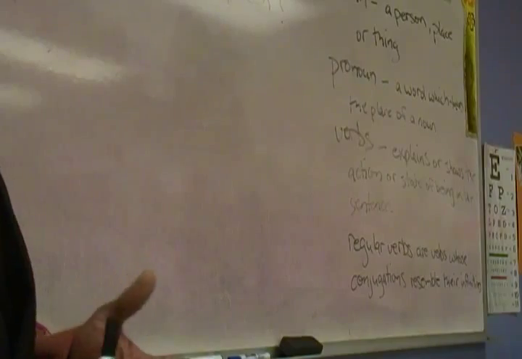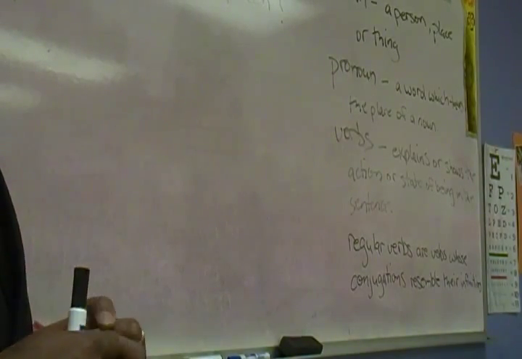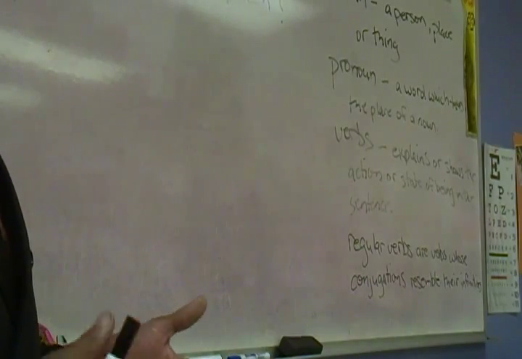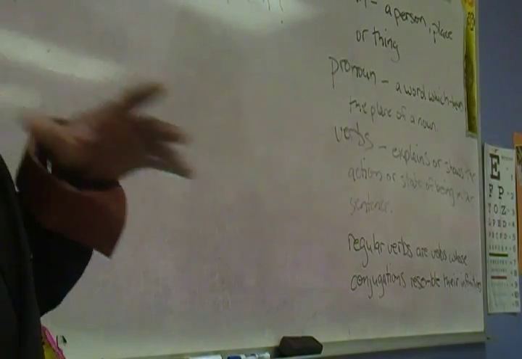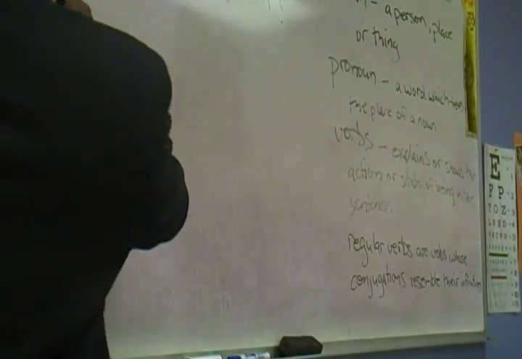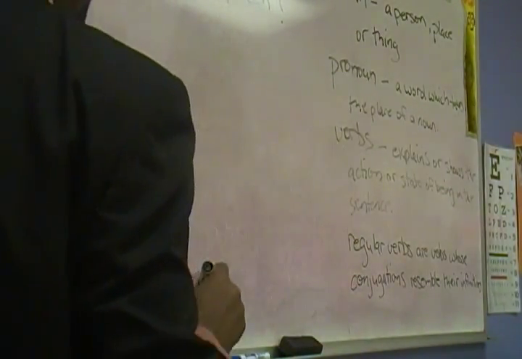Let me do this. Now most people that speak other languages, their infinitives are different. Like in Spanish, you've got AR verbs, ER verbs, IR verbs. In French, you've got RE verbs, IR verbs and ER verbs. So those are their infinitives. In English, an infinitive is any verb with "to" in front of it.